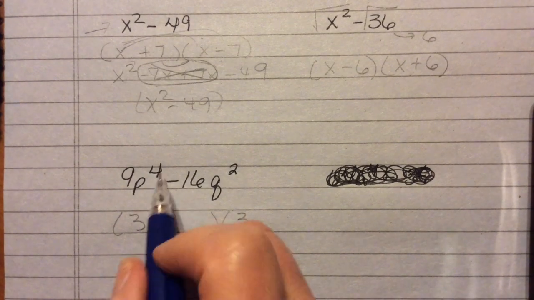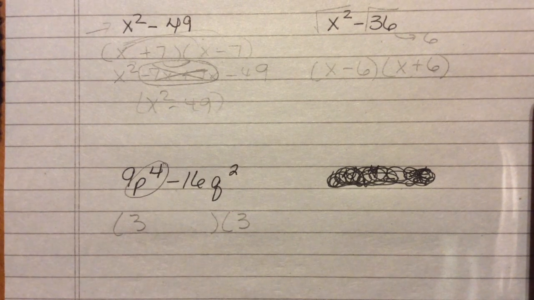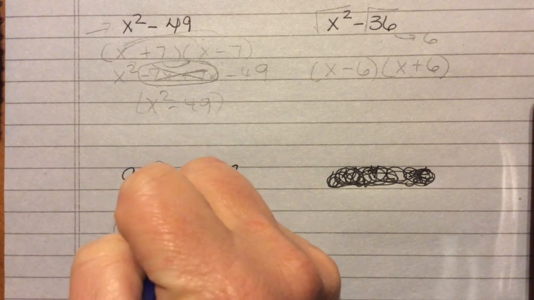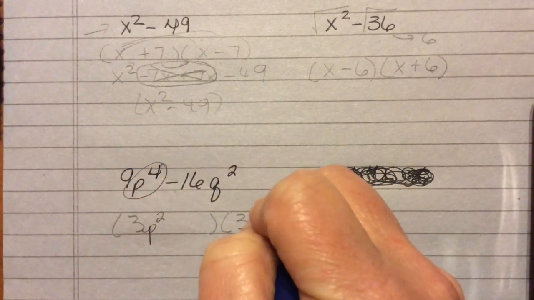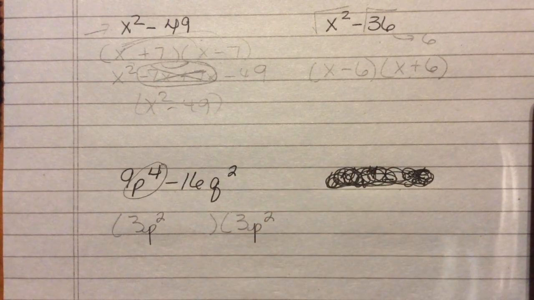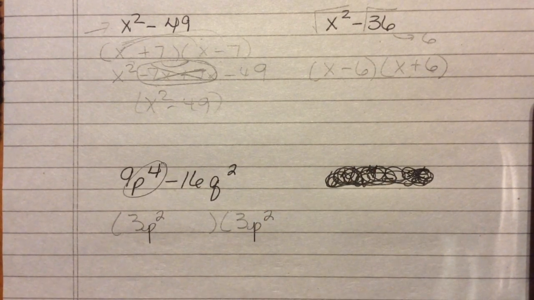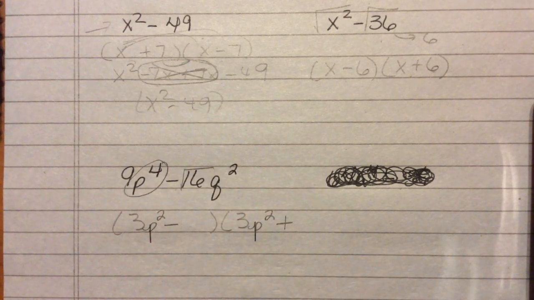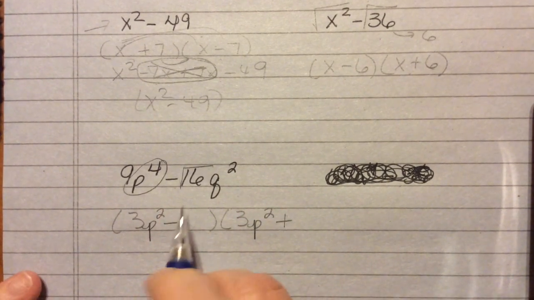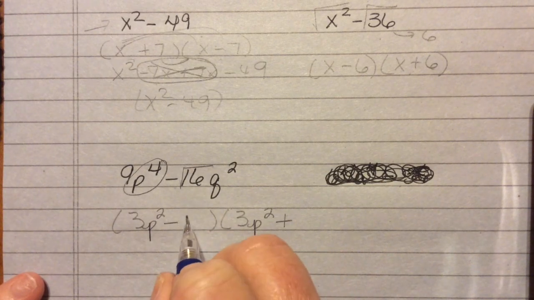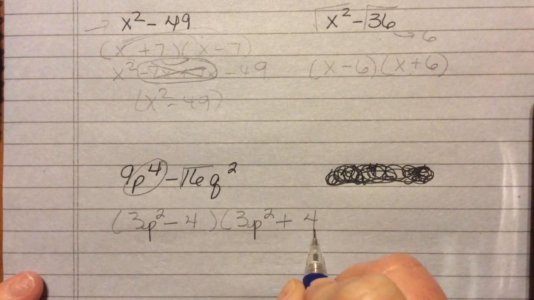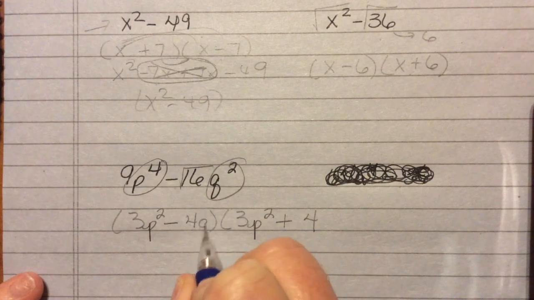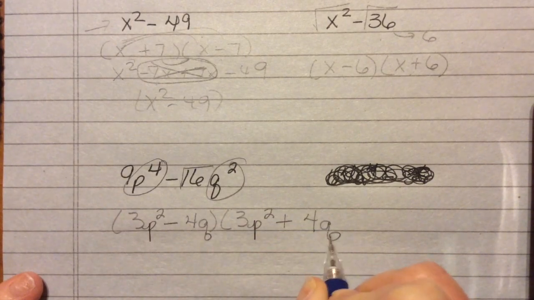So that means I got 4 of these, right? I could split them up evenly, so I'm going to do p squared and p squared here. Okay, do the same thing here. So I'm going to make one negative, one positive, because we already know we're doing this. Okay, square root of 16, 4. Then I got 2 of these, which means I can split them to be 1 in each.